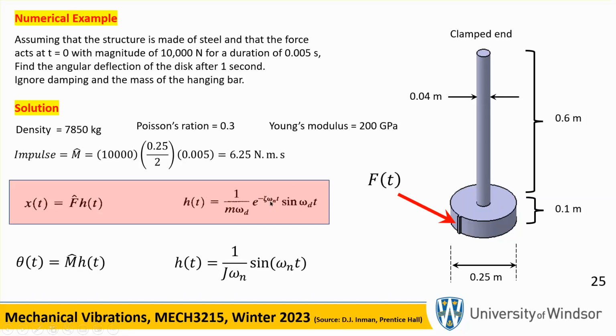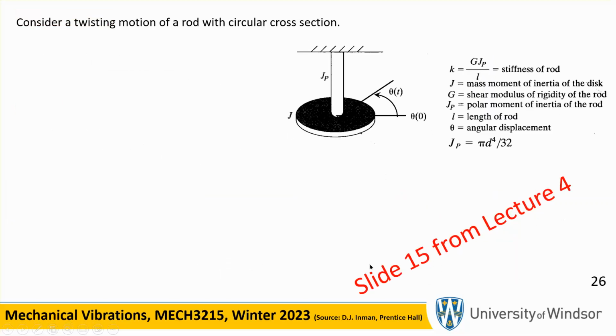And then once you find the mass, you're going to need the stiffness of that bar in torsion. It's a torsional stiffness, basically. So these are things that we did in slide 15, lecture 4. All the formulas were here. For example, KT, which is the torsional stiffness of this bar, is through that formula.